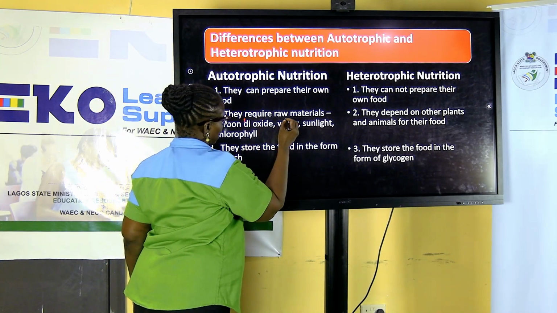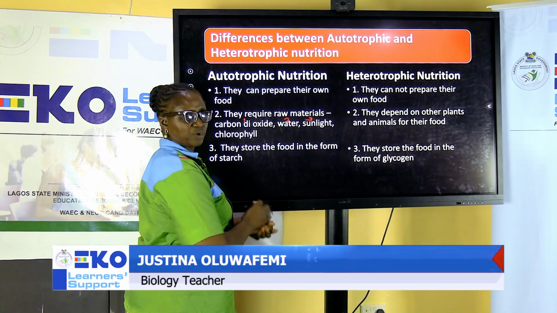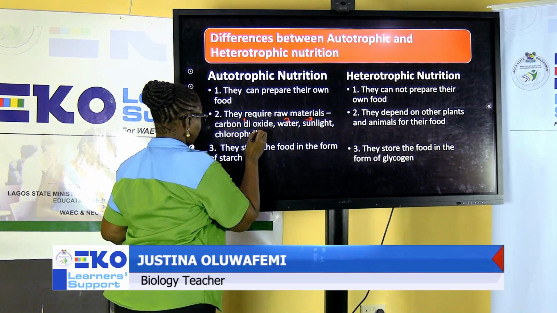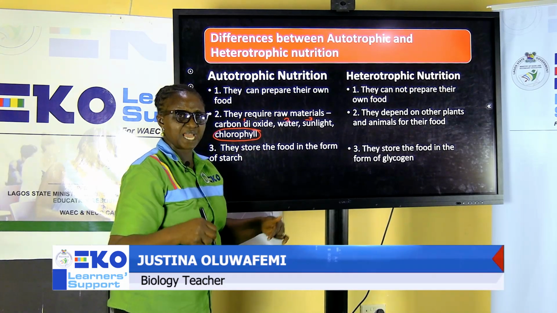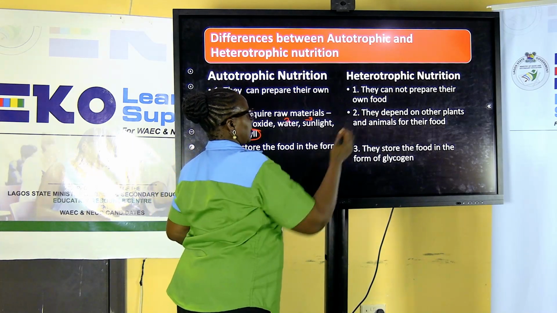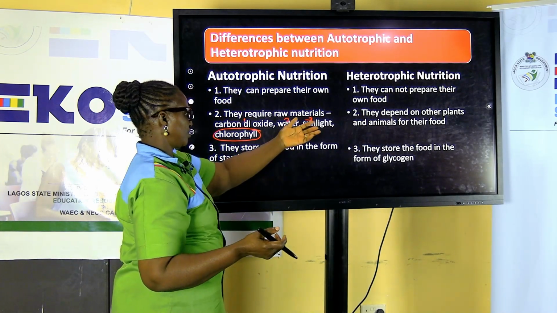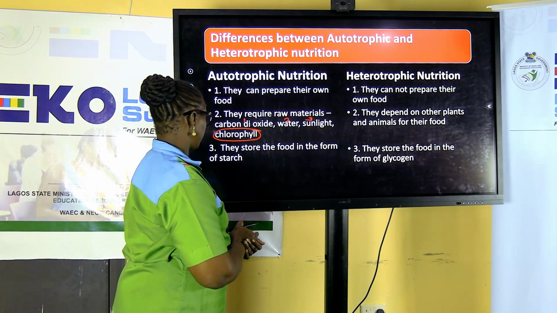Numbers 1, 2, and 3 are gotten from the environment. But this particular one is inside the plant itself. Sunlight is required to do this. In animals, they do not have materials to produce their food, so they depend on already made food.